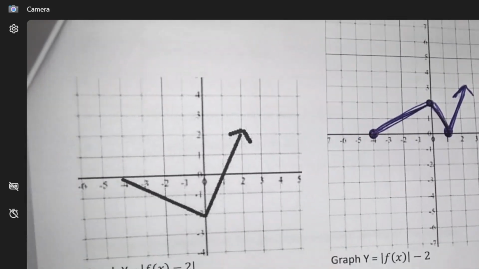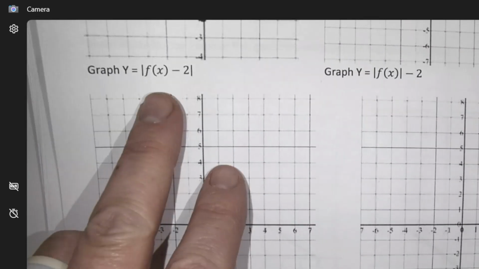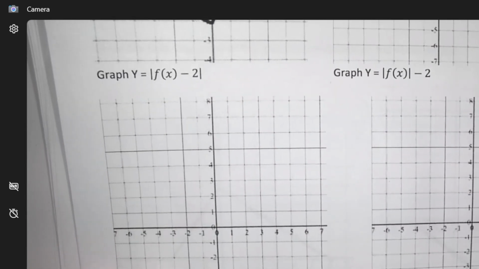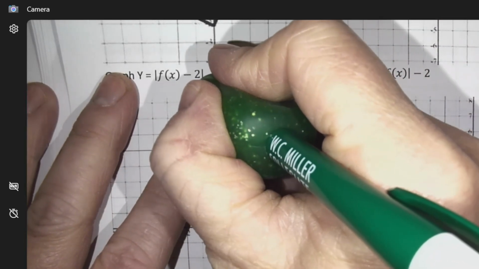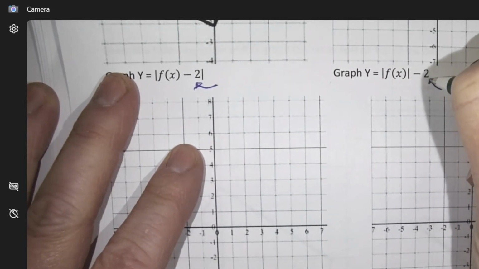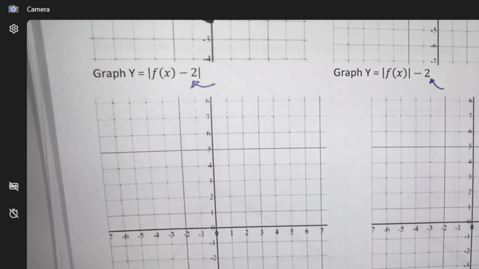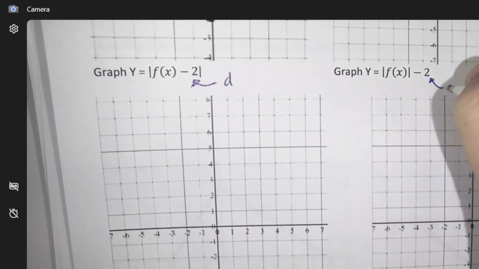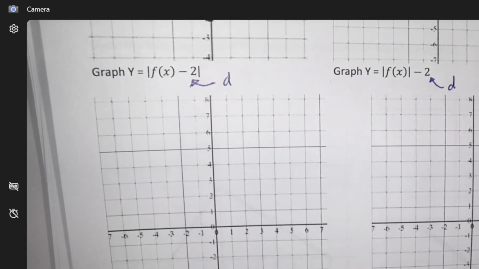Okay, let's look at these two examples here. -2 and -2. What letter are we here? A, B, C, D stuff. D. Actually on both of them, right? Do you see that? That's on both of them, they're D's.